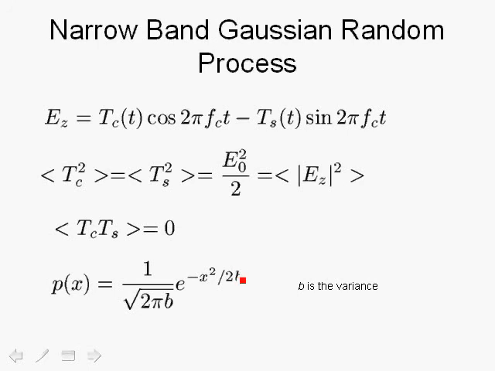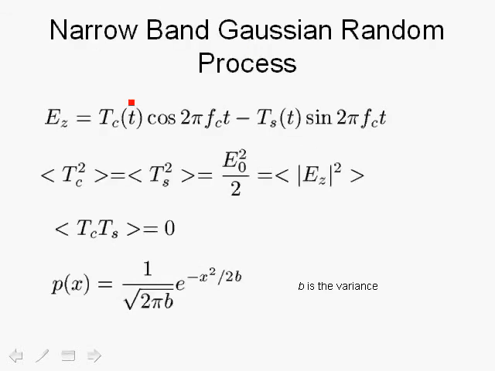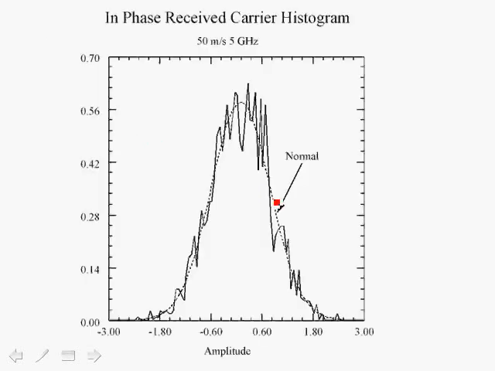Here is a simulation result where we're simulating a vehicle moving at 50 meters per second with a transmit carrier frequency of 5 gigahertz. We're looking at one of the processes, T sub c of t for example, the in-phase component.